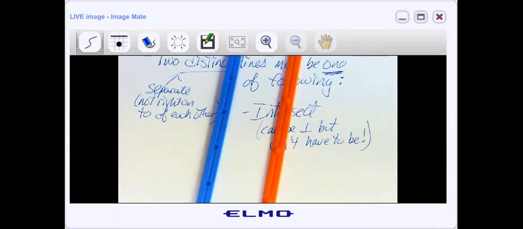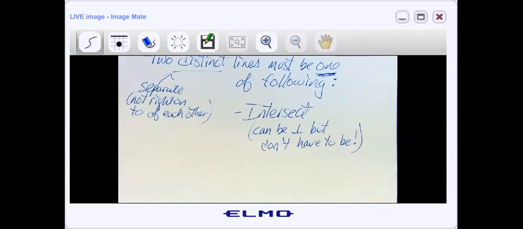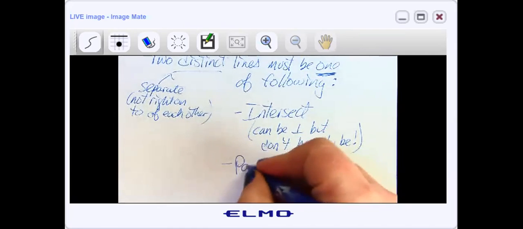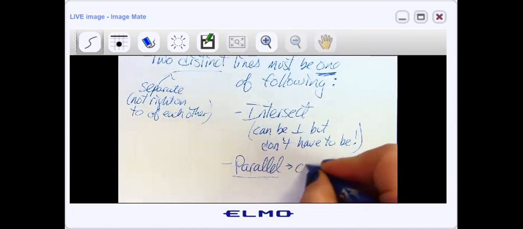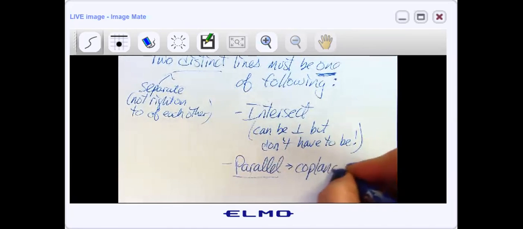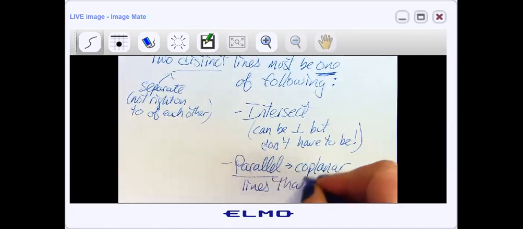And if they do, what is the word we use to describe these two lines? Yes, parallel. So if two lines do not intersect, they might be parallel. Remember what that word meant: coplanar lines that do not intersect.